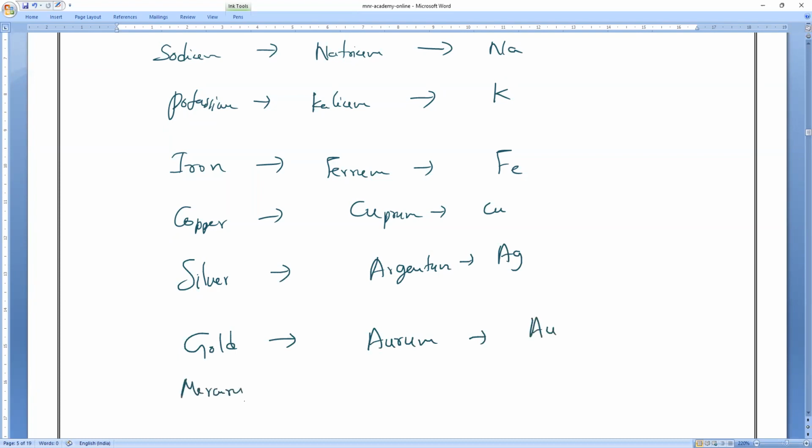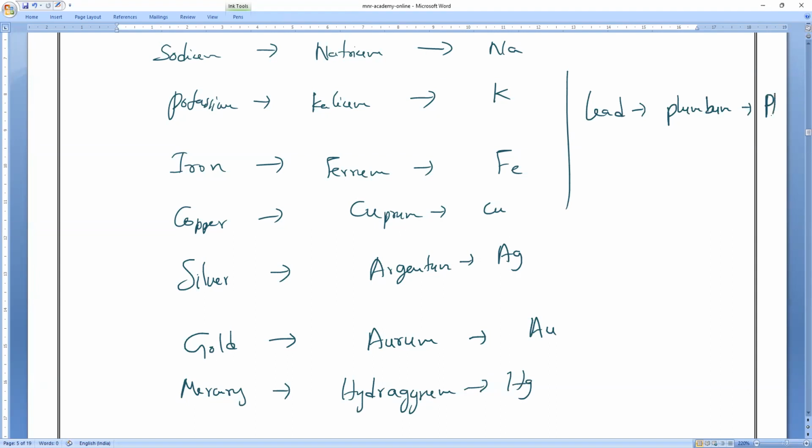Mercury is hydrargyrum, Hg. Next, lead is plumbum, Pb. Next, tin.